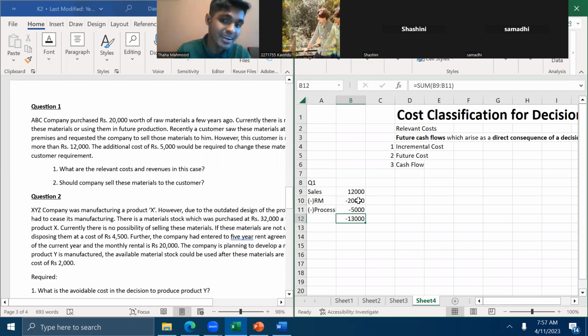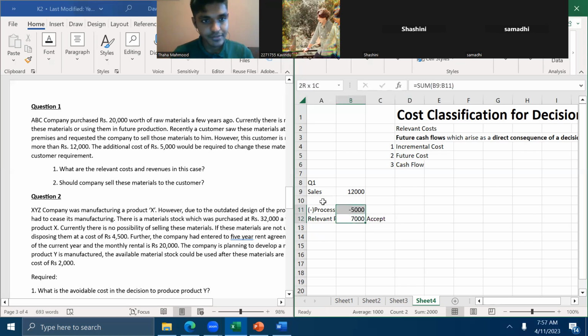But since we know what relevant cost is, and we know that this raw material cost in this specific instance is irrelevant since we have no use of this, එක මේ 20000 raw material තියාගෙන අපිට මොකුත් කරන්න බෑ. ඒ හින්දා මේ cost එක අපි consider කරන්නේ නැහැ. We can decide that okay, there is a relevant profit. We can call this relevant profit of 7,000. Therefore, let's accept the customer order. That's the first question.